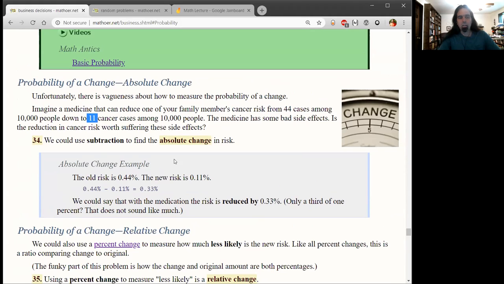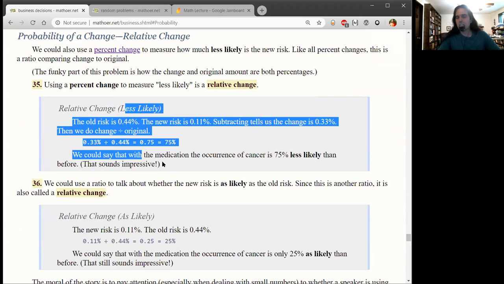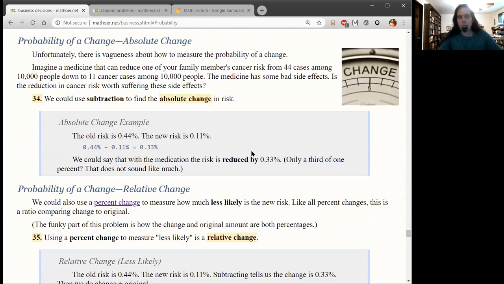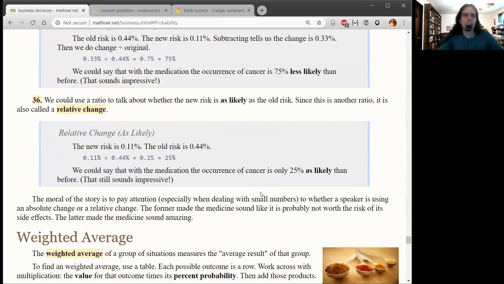All of the almost 10,000 healthy people that were part of this example are no longer present in the second example. So if you are someone that is going to get cancer, then the medicine helps you a lot. If you're someone in the general population, then it's only 1/3% chance that this might actually help you. Probably not worth the side effects.